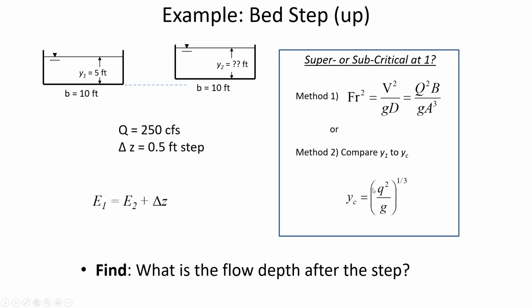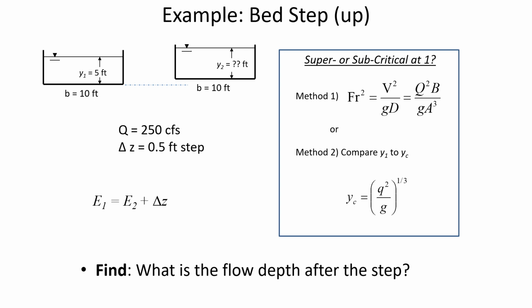Does anybody remember what the name of this variable lowercase q is? What did we call that in our earlier lecture on Wednesday? What does the lowercase q refer to? Flow per unit width. Good, that's right. Flow per unit width.